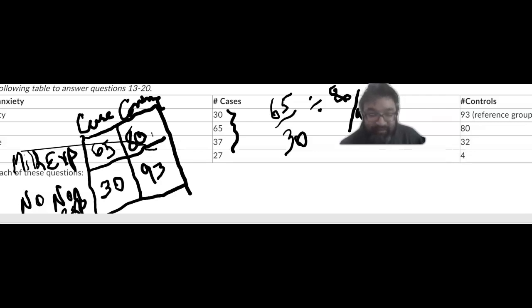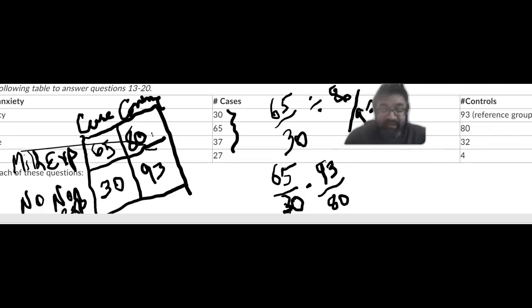So when you're dividing something, you're actually multiplying by the reciprocal. So if you have 65 divided by 30, then what you do is you flip this one. So 93 over 80. And surely enough, if you calculate this, you're going to get 2.5.